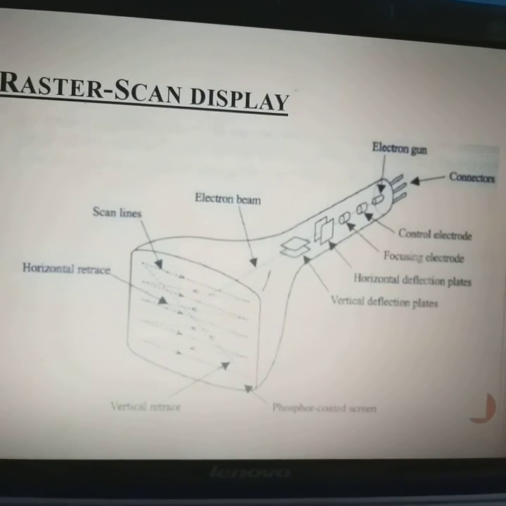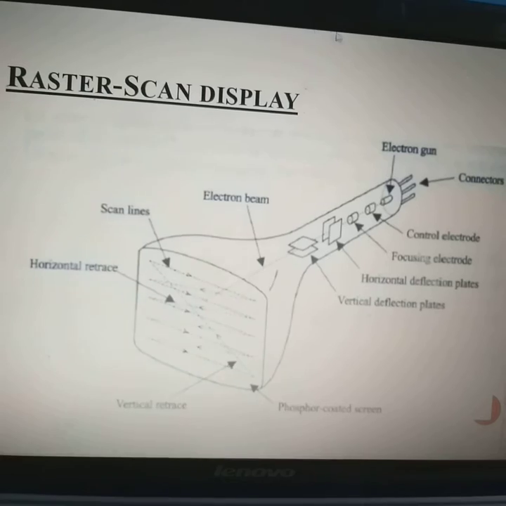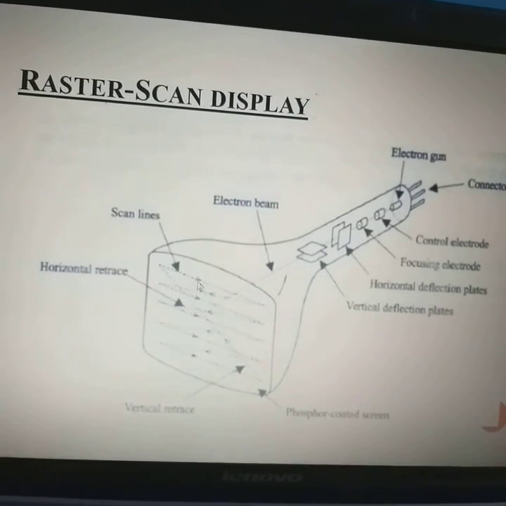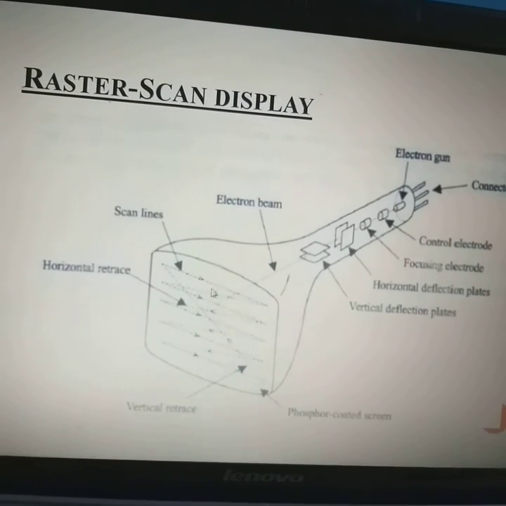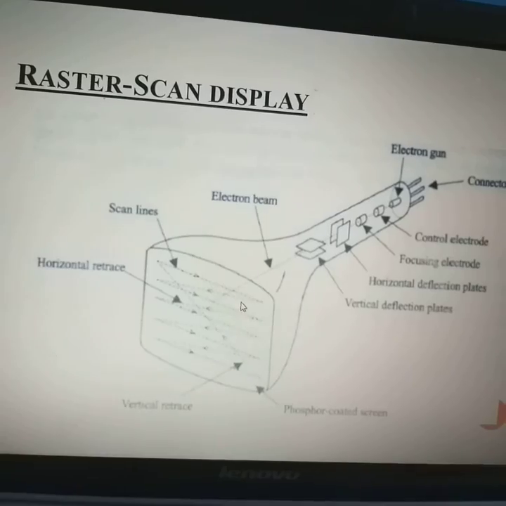If the raster scan display is used, a number of scan lines are drawn when the electron beam strikes the screen. These lines scan horizontally, drawing one row at a time.